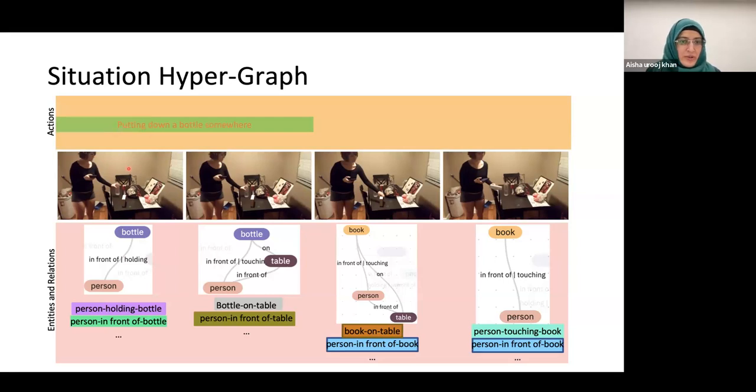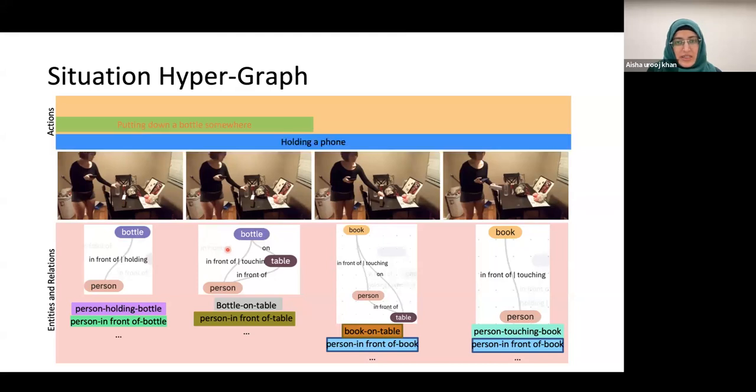Like here, for these first two frames, the action is putting down a bottle somewhere. So this action is considered a hyperedge, which connects the situation graphs of the two situations which we see here. Similarly, we have another action, holding a phone, which is comprised of these four situations.